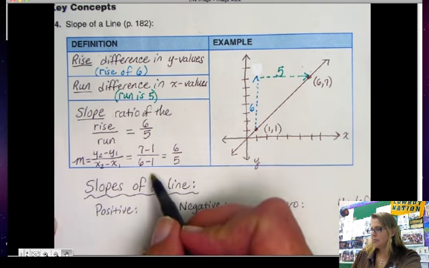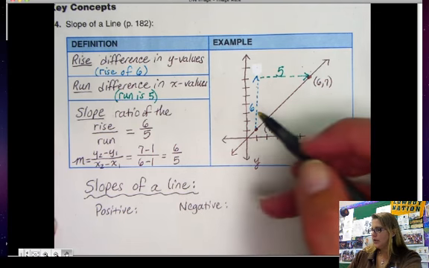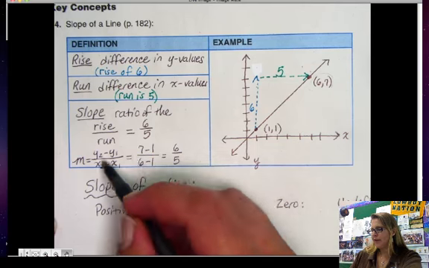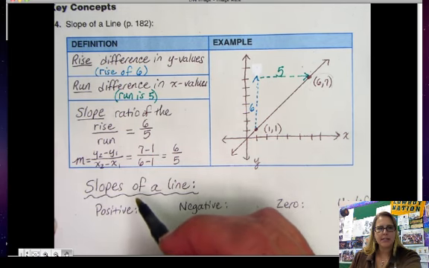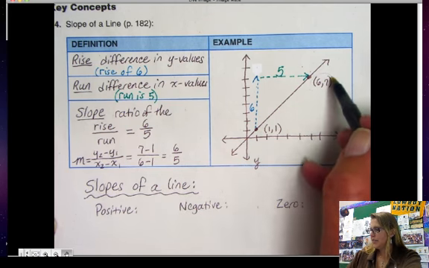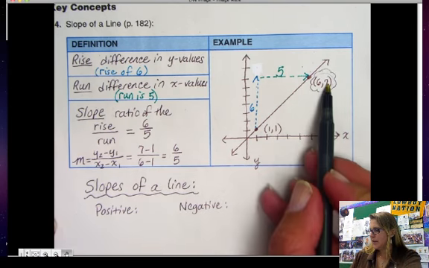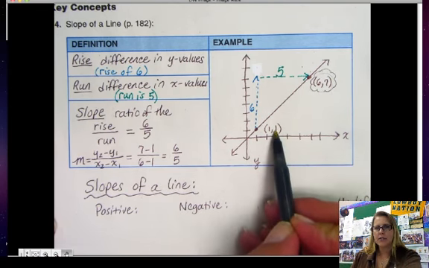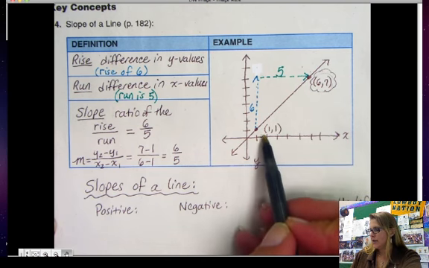Sometimes people get worried about which point you write first when you do this equation. I'm here to tell you it doesn't make any difference which one you start with as long as you're consistent. If I started with this point here, like I did, 7 minus 1, then I also have to start with the same point, 6 minus 1.